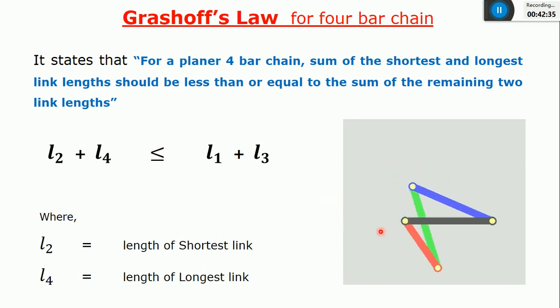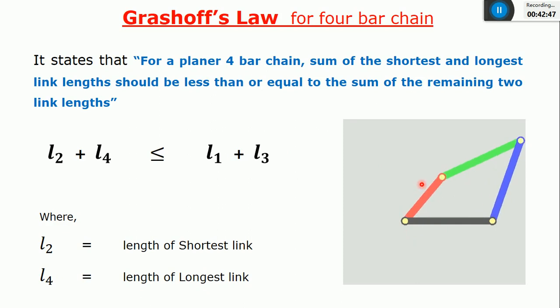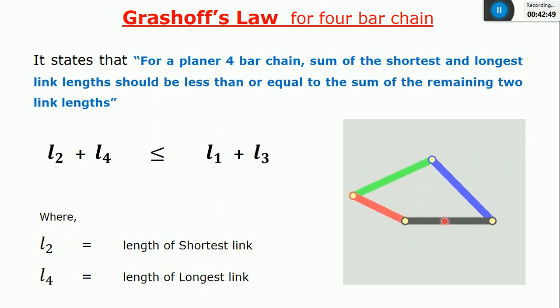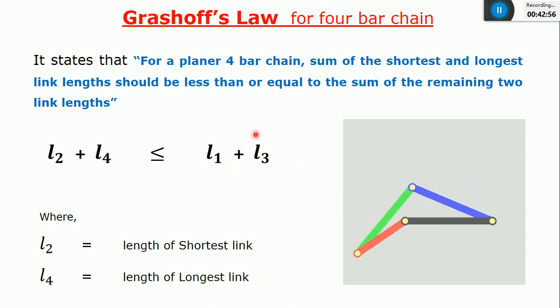It will rotate only up to a certain degree, for example 180, 170, 150, and will not cover 360 degrees. If you want a complete rotation of the crank and oscillatory motion of the rocker, this condition has to be satisfied. Please note this down.